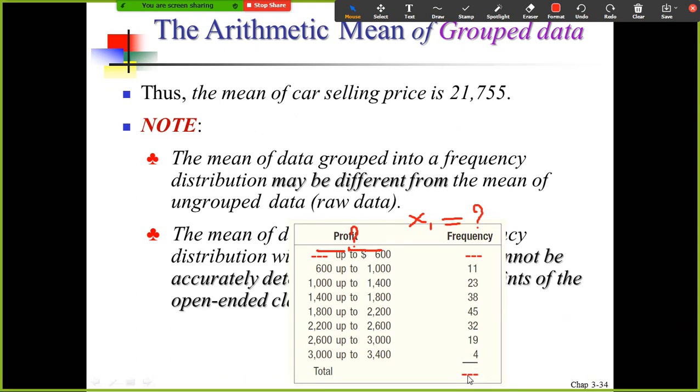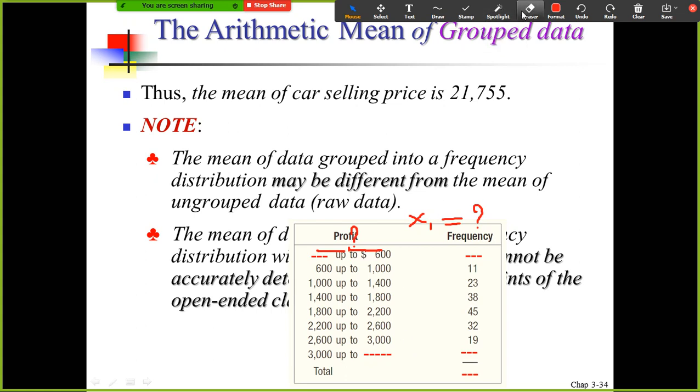However, this is what we call open classes. There are only two open classes in a frequency distribution table or grouped data table. It could be the first class or the last class. The last class has only the lower limit. If we don't know the higher limit, we don't know for sure.